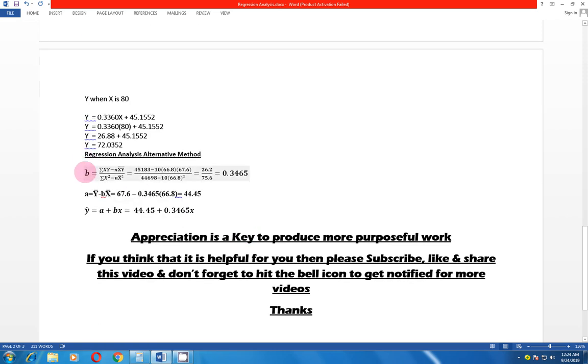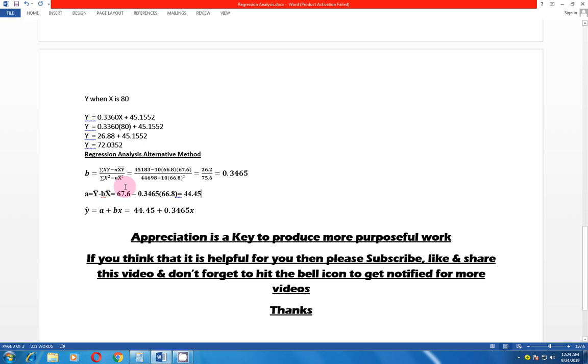If we want to calculate beta y on x, or simply y hat equals a plus bx, meaning the y variable depends on the x variable, we just use this formula: beta y on x equals summation xy minus n x bar y bar, divided by sum of x square minus n x bar whole square.